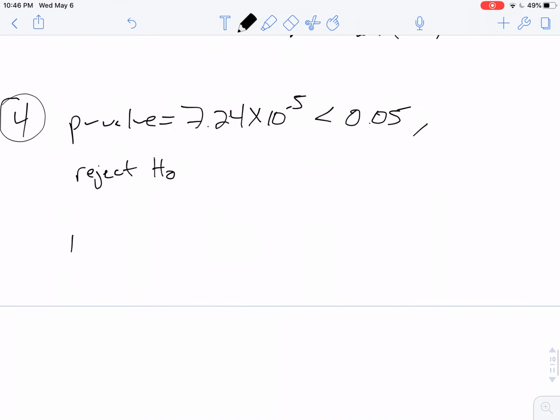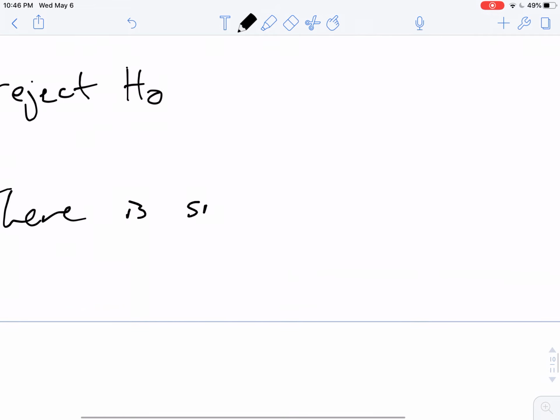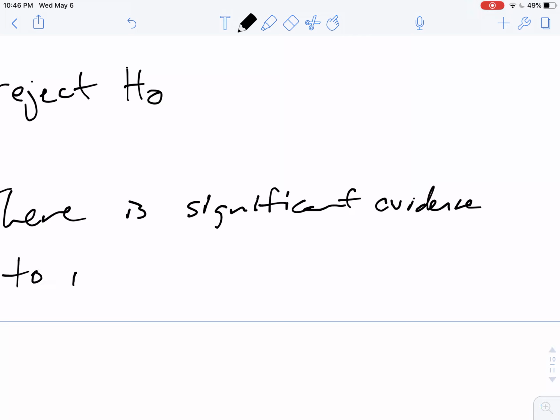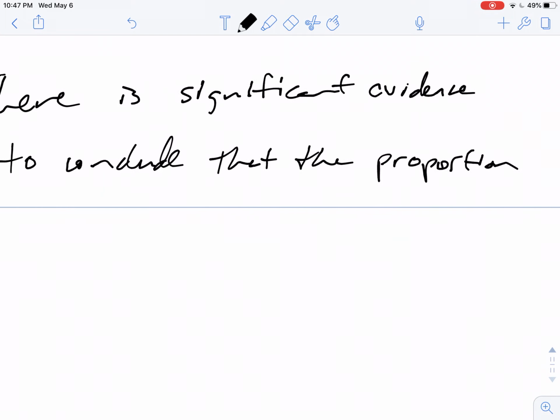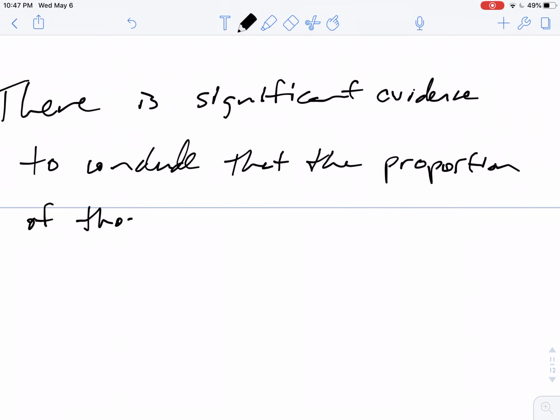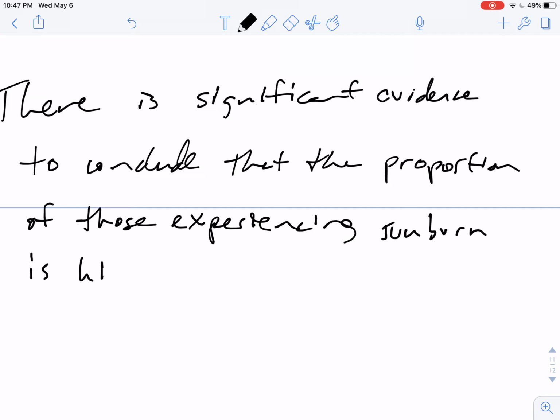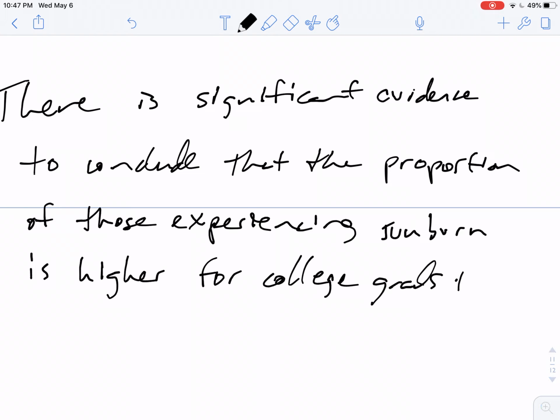So I'm going to write that in context. I'm going to say there is significant evidence to conclude that the proportion of those experiencing sunburn is higher for college grads than those without a high school degree.